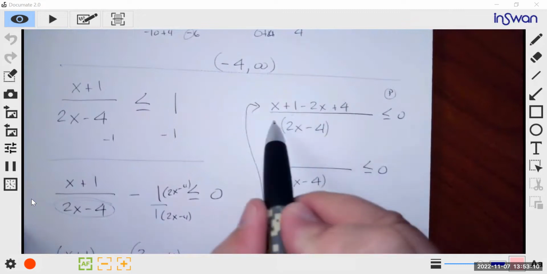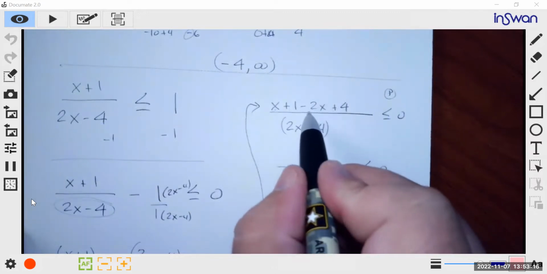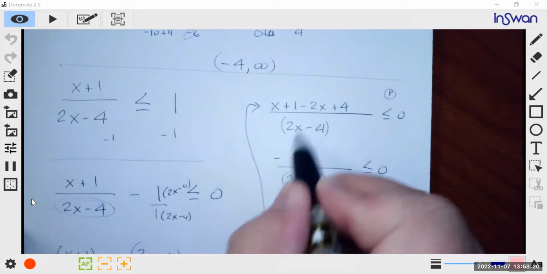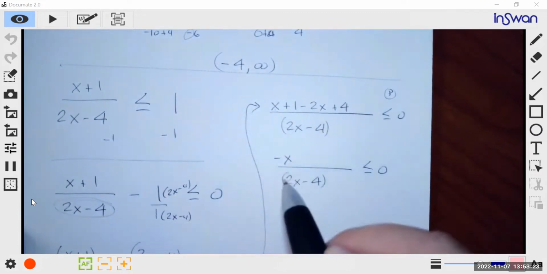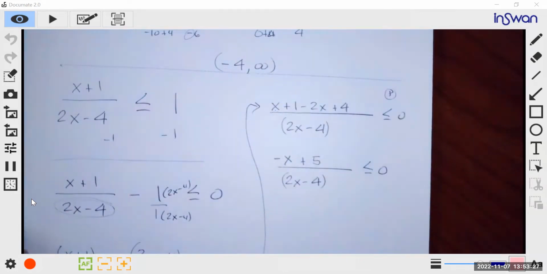Now combine: x minus 2x, a positive 1 and a negative 2, is negative x. 1 plus 4 is 5.